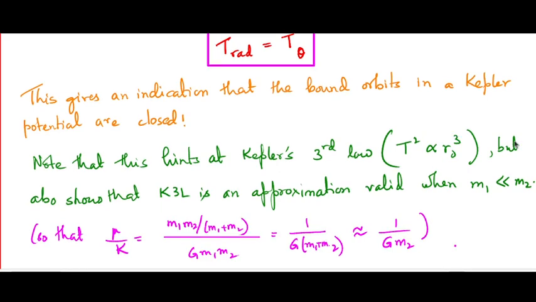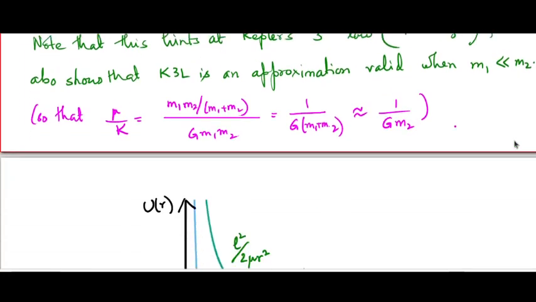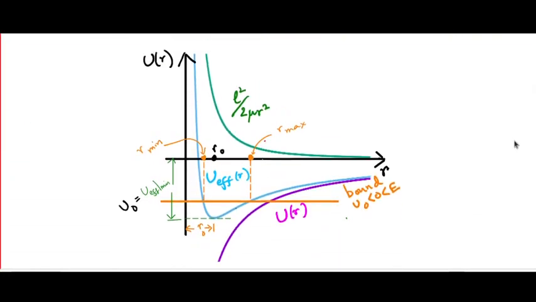Now that this particular example has convinced you, hopefully, that the notion of the effective potential is useful not only for doing qualitative stuff, that is determining the nature of the orbits, whether they are bound or not, etc., but also for quantitative work, let me now turn to the question of using this idea of the effective potential for a much more drastic amount of quantitative work, actually solving this problem as completely as possible.